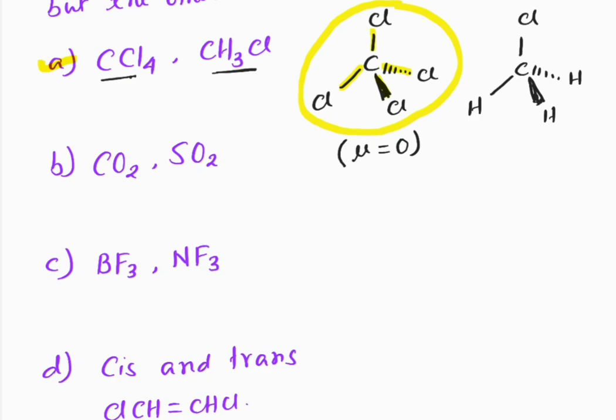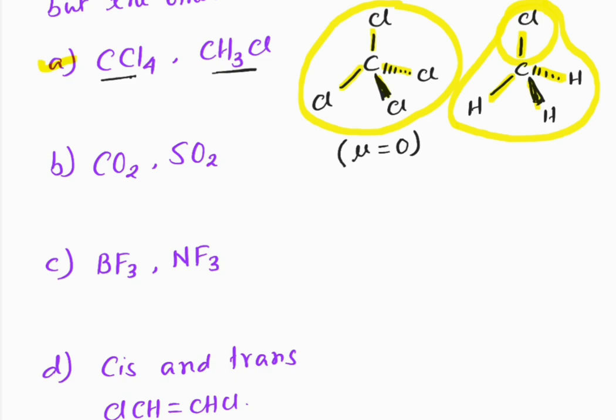But in case of CH3Cl, this is not a symmetrical structure, because here you have two different types of bonds: the C-Cl bond and three C-H bonds.